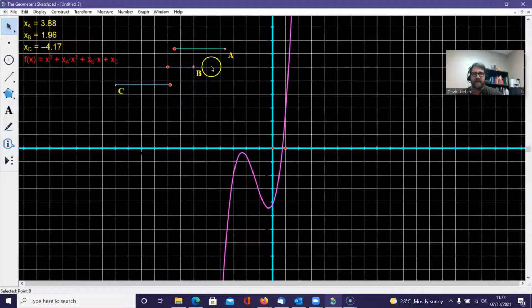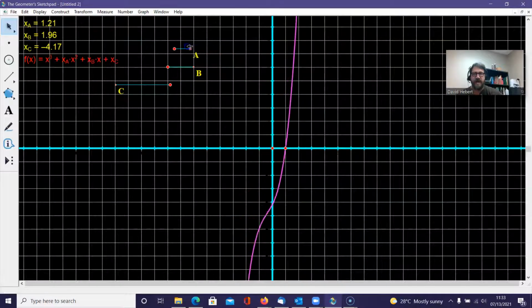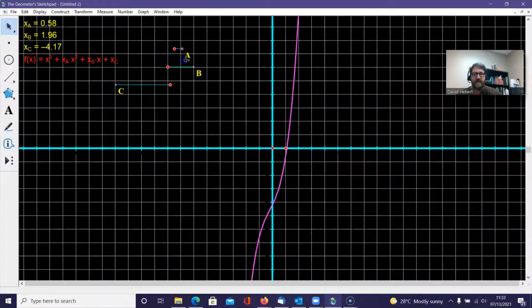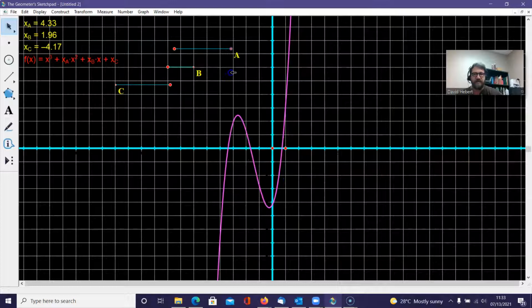I can also change a, and having either negative values of a or large positive values of a gives me the typical cubic equation shape where you get what I call the zigzag in the middle of the graph.